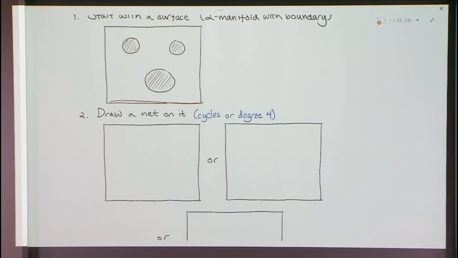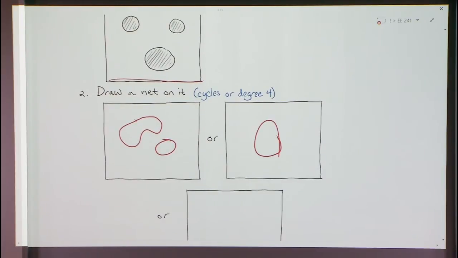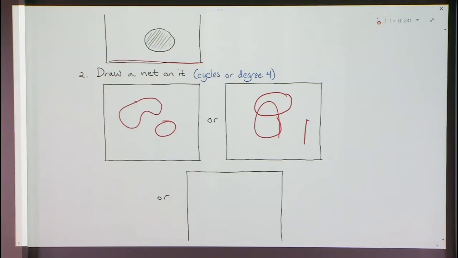Now just draw what I'm calling a net. A net is something that looks like this. Basically, I'm trying to draw cycles. They can overlap. They can't end like that. No degree 1 vertices.